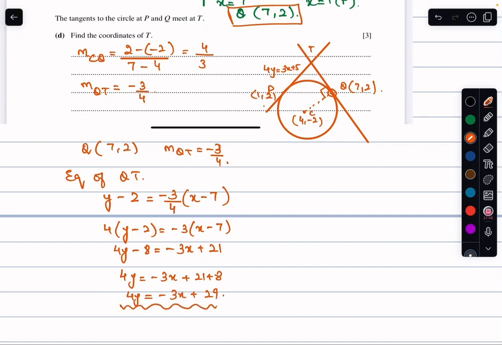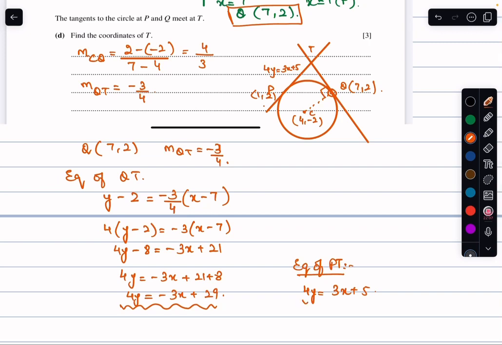I have the equation of PQ, equation of PT, which was 4y equals 3x plus 5.